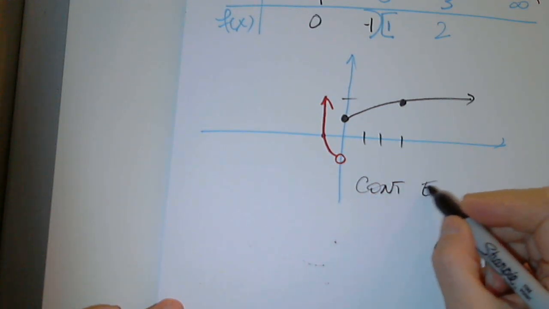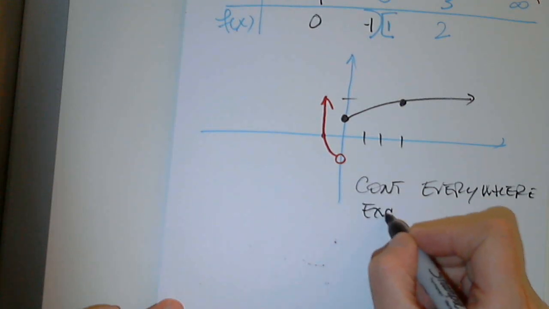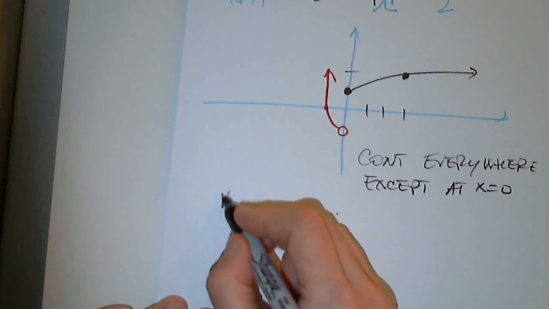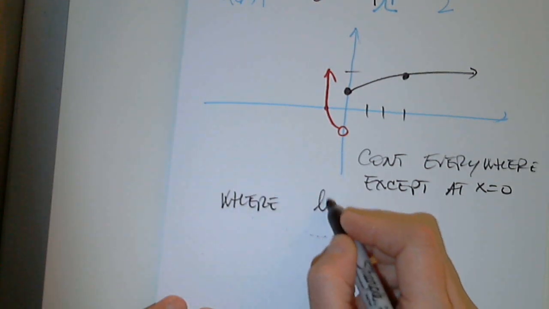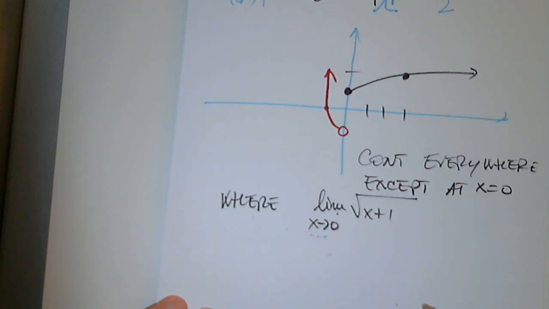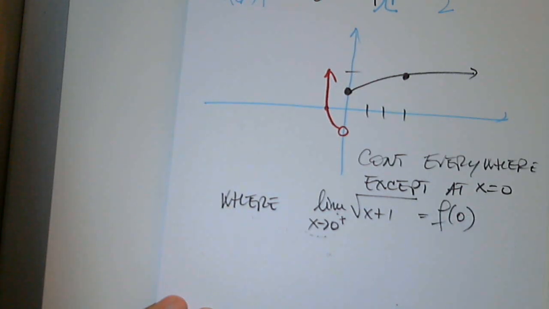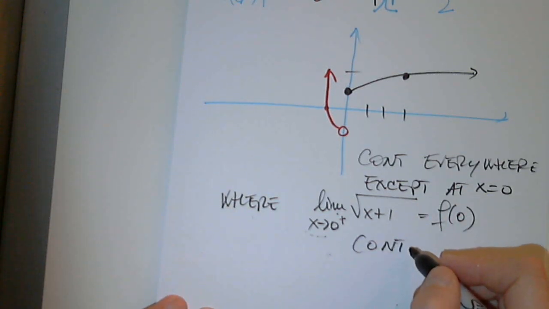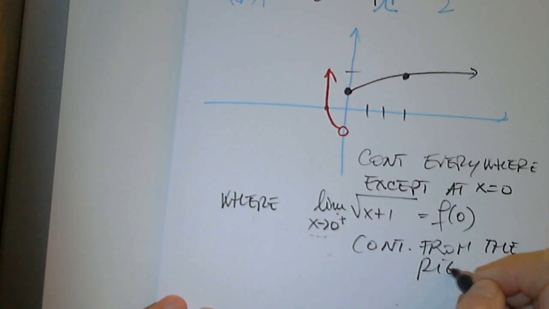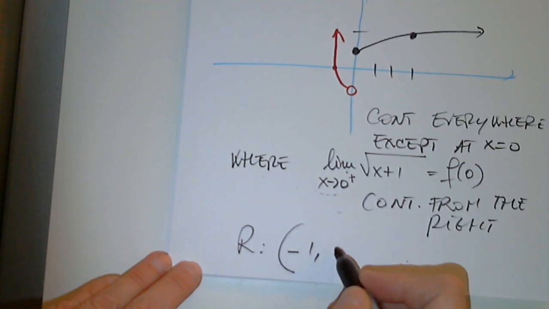Continuous everywhere except at x equals 0, where the limit of the square root of x plus 1 as x approaches 0 from the right equals f of 0, which means continuous from the right. Range you already gave me, parenthesis -1 to infinity.